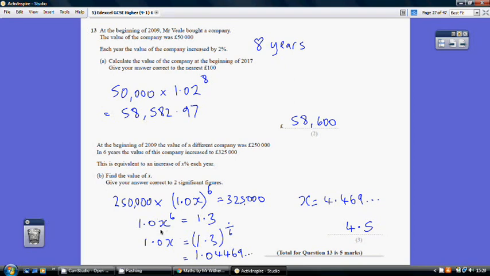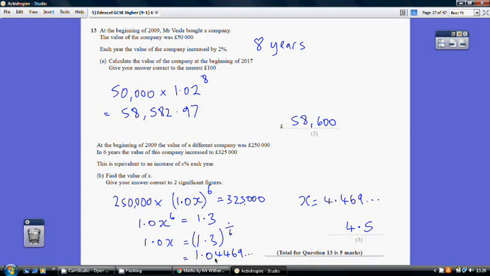Now I need to undo this to the power of 6, so I'm going to take the 6th root of both sides. So I get 1.0x being 1.3 to the power of 1 over 6. Popping 1.3 to the power of 1 over 6 into my calculator, I get 1.04469... being my multiplier.